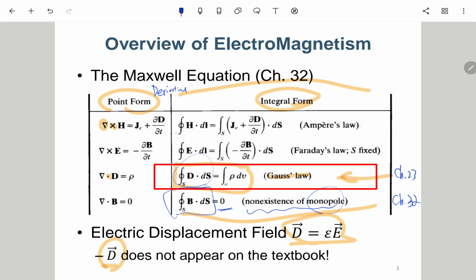Ampere's law is about the B field, which we will cover in chapter 29, and Faraday's law we will cover in chapter 30. So we are learning the Maxwell equations throughout different chapters, and finally chapter 32 tells you that all these four laws are summarized, and we call them the Maxwell equations.